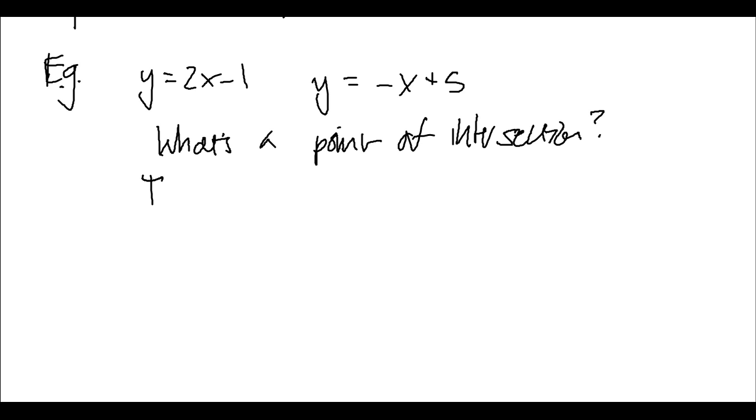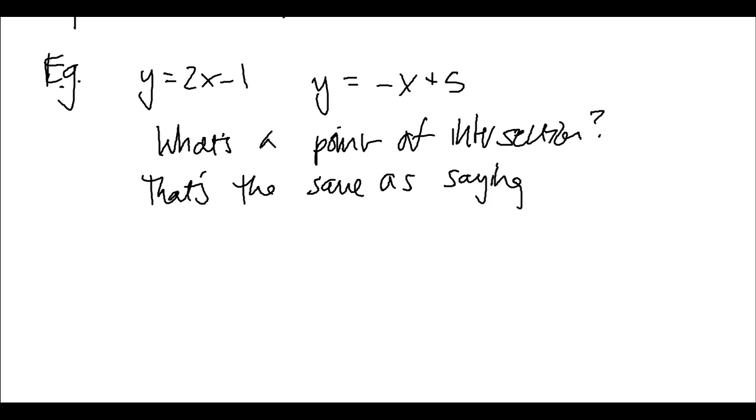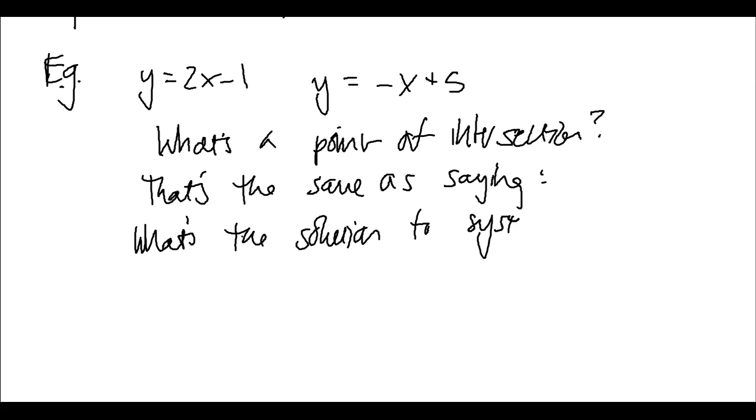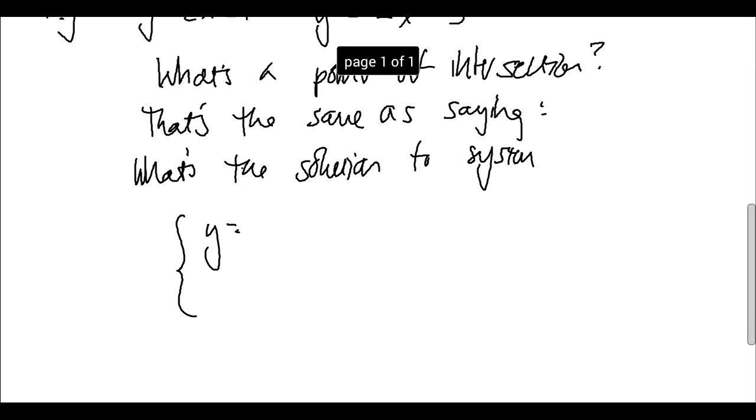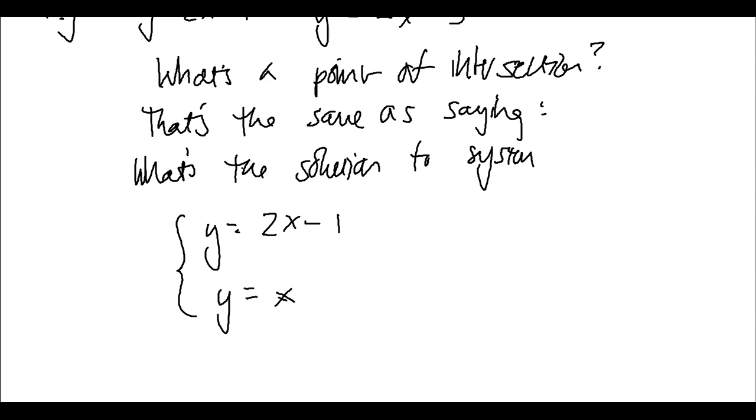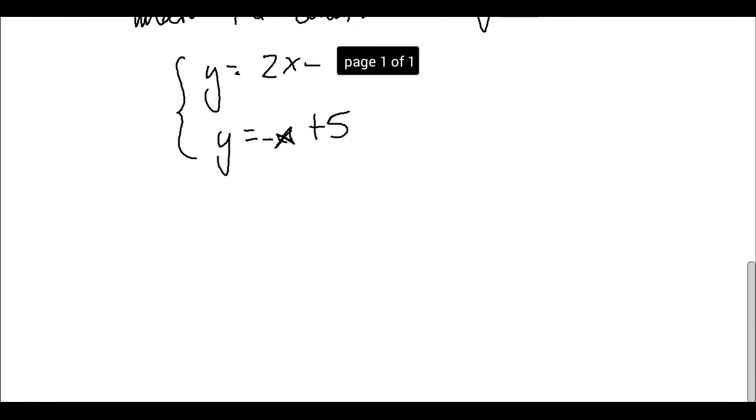Okay, that's the same as saying what's the solution to the system? And a lot of the time we write a system more vertically almost. y equals 2x minus 1 and y equals -x plus 5. Okay, so let's look at an example where I find that point of intersection, or the solution to the system.